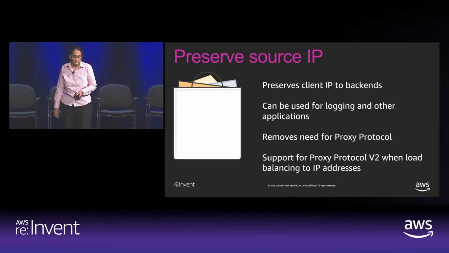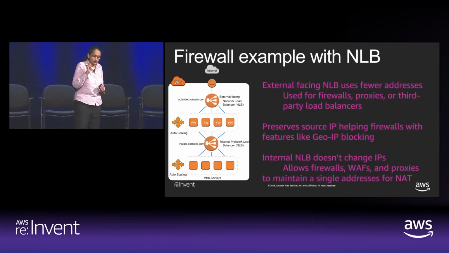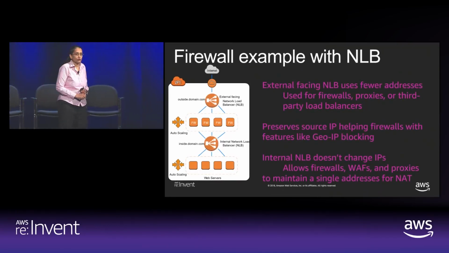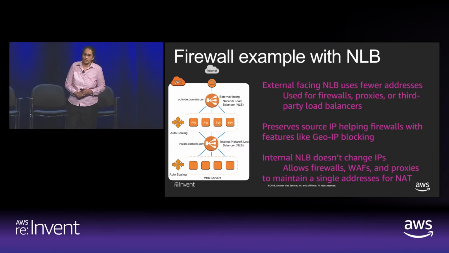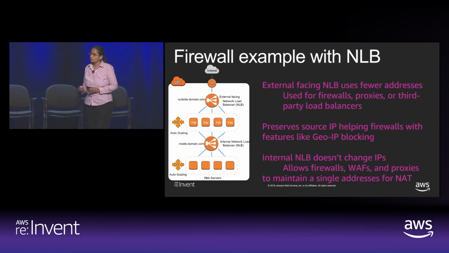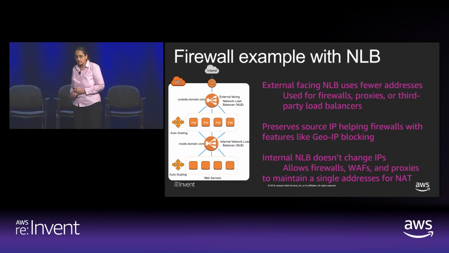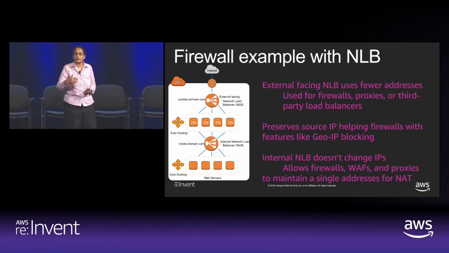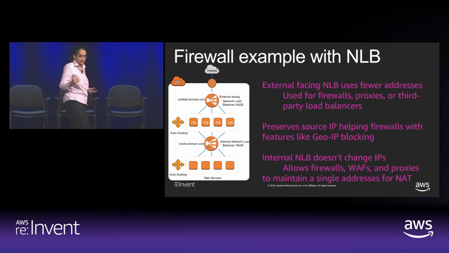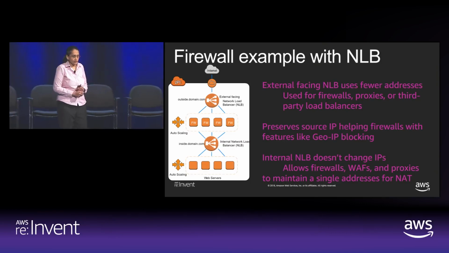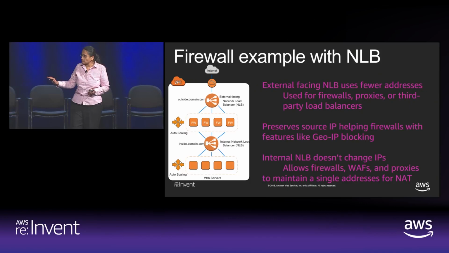So let's quickly look at a simple real-world firewall example, where I have 2 network load balancers: an external load balancer front-ending a set of firewalls, and an internal load balancer front-ending a set of web servers. For the firewall fleet, because of the single IP, all the firewall configurations become very simple.